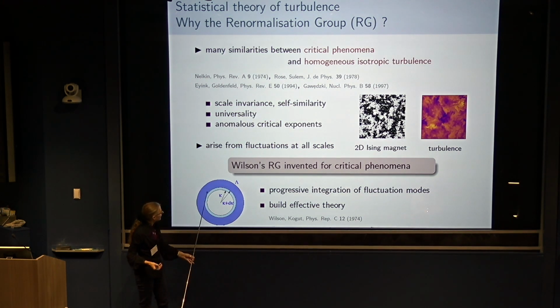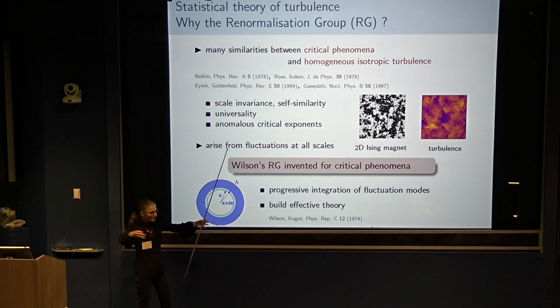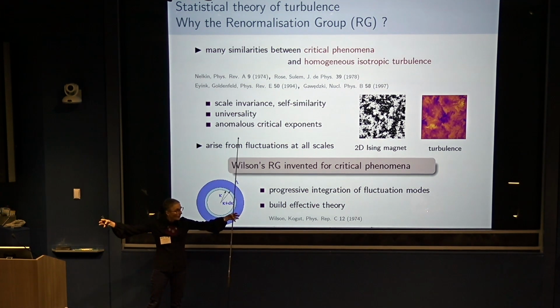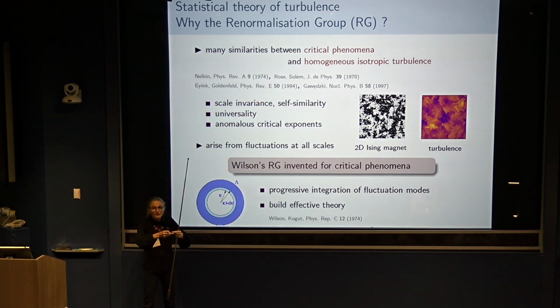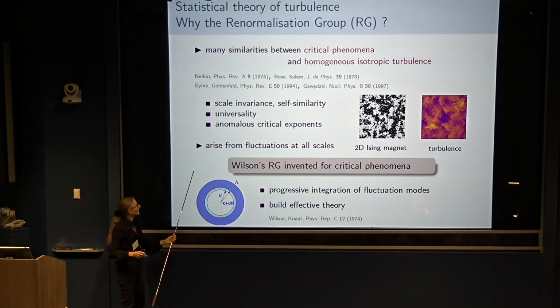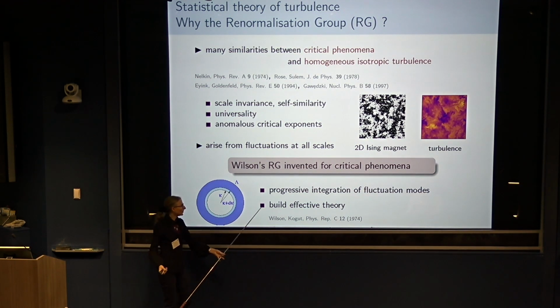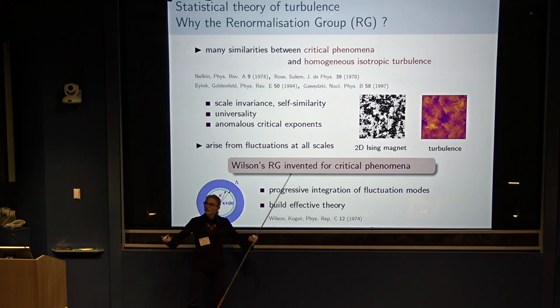The idea is to do a progressive integration. Since you have fluctuations at all scales, instead of trying to integrate them all at once, you integrate them progressively in wave number, starting with large wave numbers. Doing so, you build an effective theory that takes into account all fluctuations.